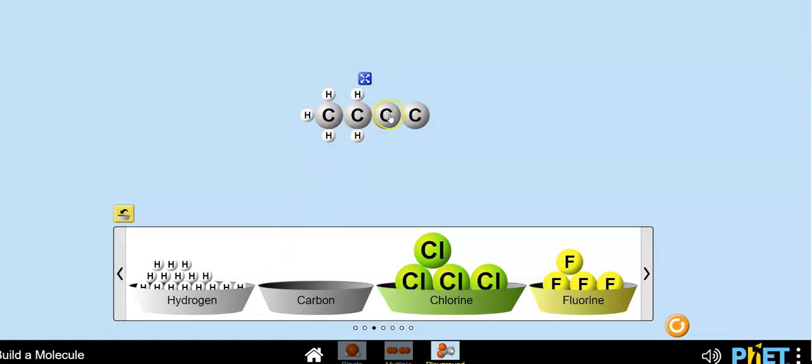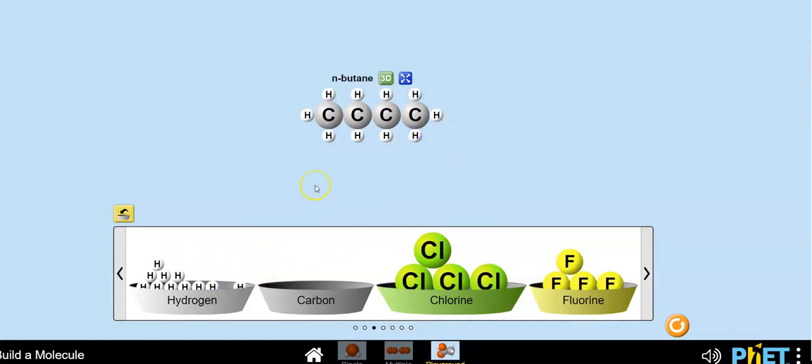Carbon number 3 has 2 things stuck to it. It's stuck to this carbon over here, and it has this carbon stuck to it as well. So I've got 2 more spots. And then this carbon over here has only 1 of its spaces filled, right? It's only stuck to this carbon to its left. So I've got 3 more spaces.